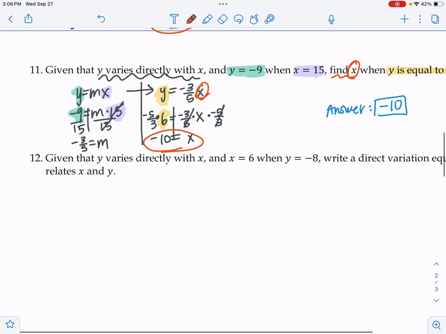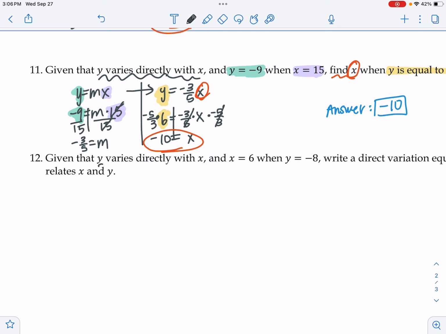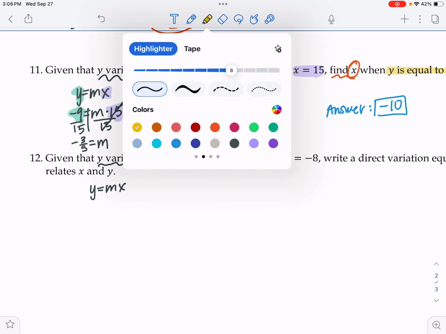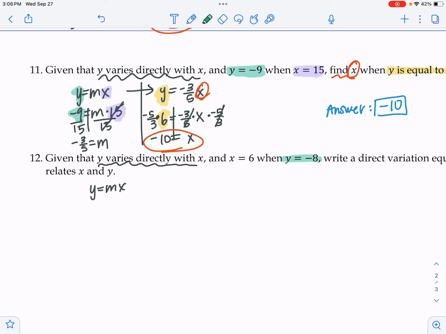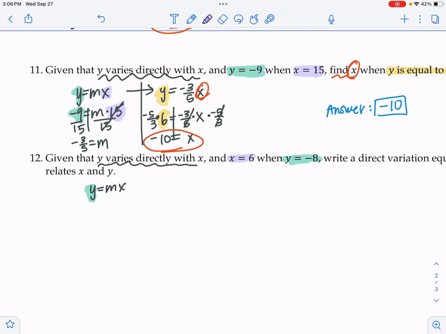All right, last one. Y varies directly with x, so y equals mx is what our equation looks like. And then we have y equals negative 8, so we're going to put that for y. And x equals 6, so we're going to put that for x.